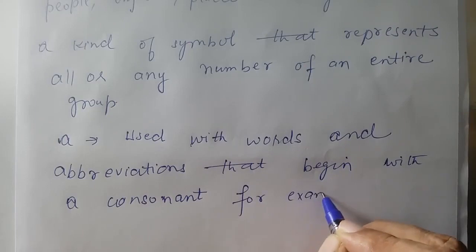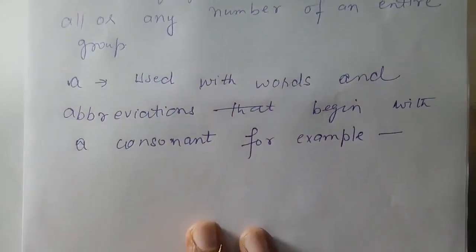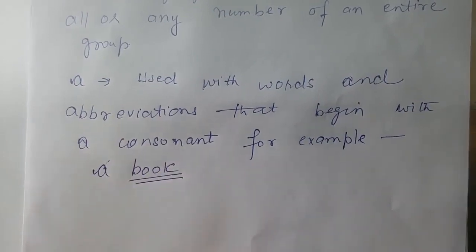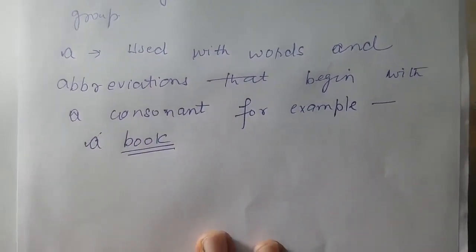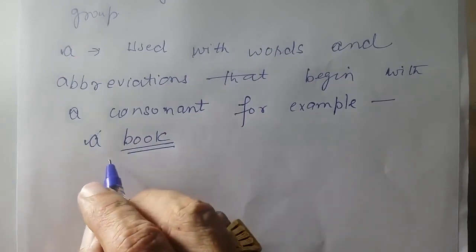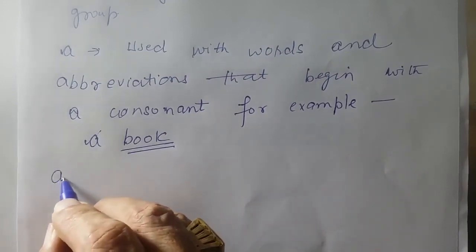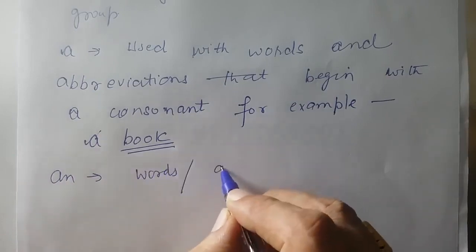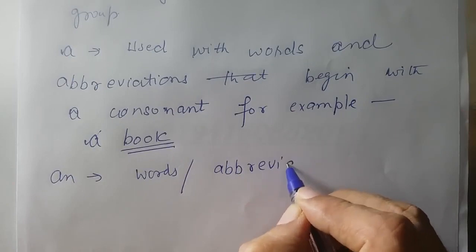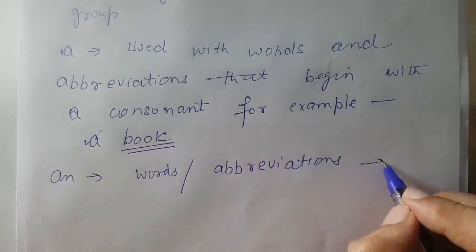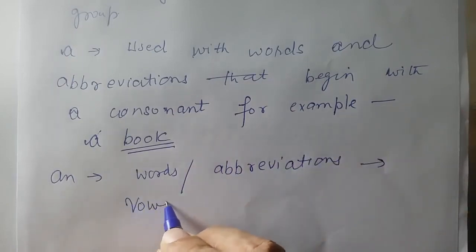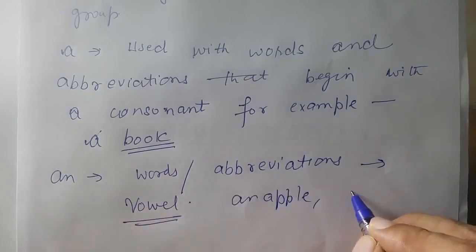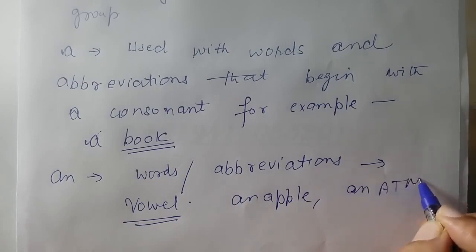For example, a very simple example, a book. You know what a consonant is. And an is used with words or abbreviations that begin with a vowel: an apple, an ATM.